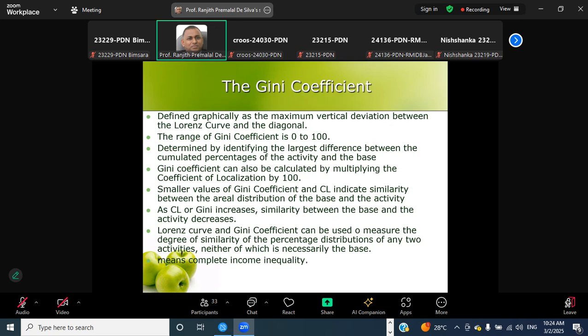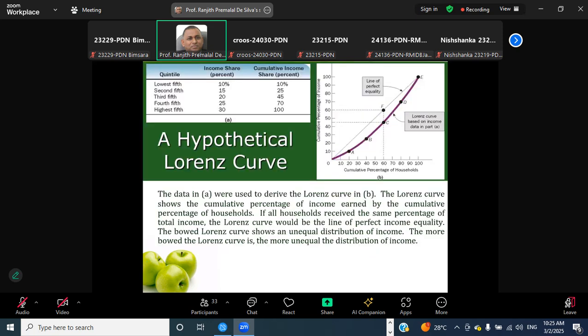The Gini coefficient is defined graphically as the maximum vertical deviation between the Lorenz curve and the perfect line of equality. So if you go back, this maximum vertical difference is the difference.